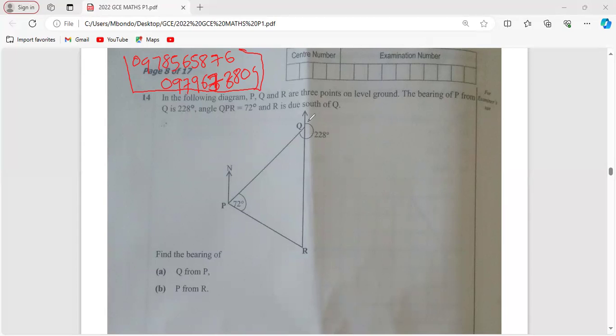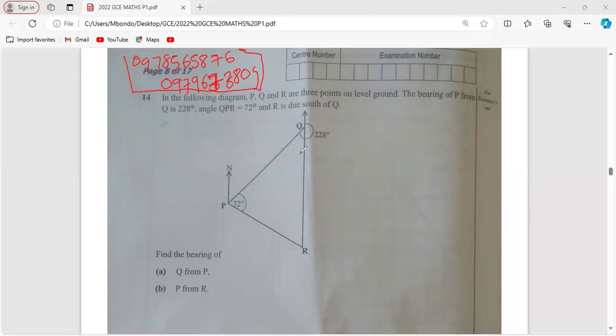Okay, so meaning here we have a straight line from Q to R. From Q here to R down there. This is a straight line. I think that is what is meant there. So we could get that as a clue.